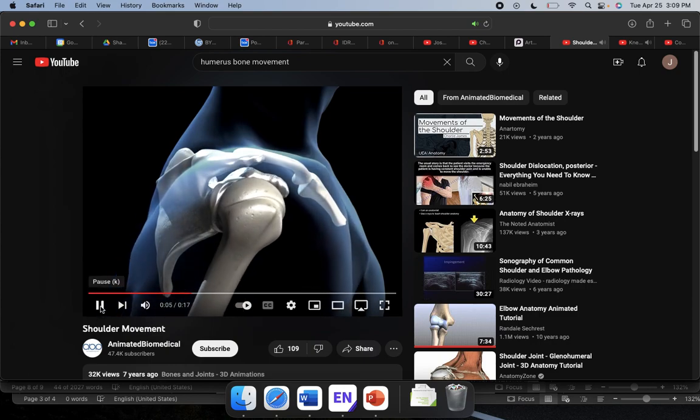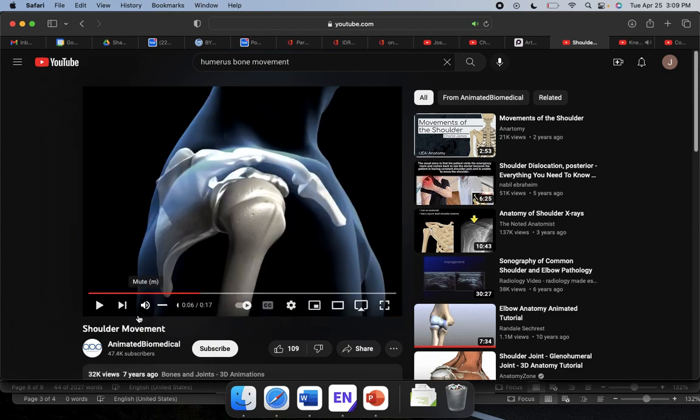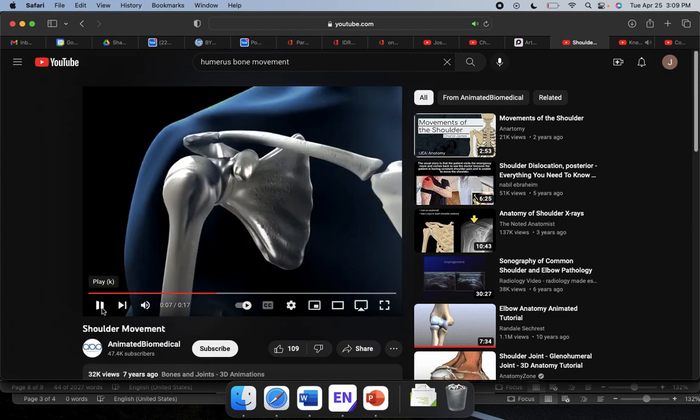Let's do this one more time, or maybe two more times. Let me pause it. There we go. Now we're doing some internal and external rotation at the shoulder. If I use this greater tubercle of the humerus as my reference point, as this shoulder moves into internal rotation, this greater tubercle is moving in an anterior movement.